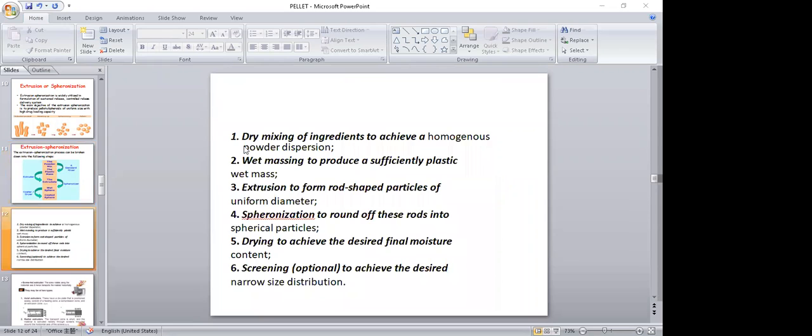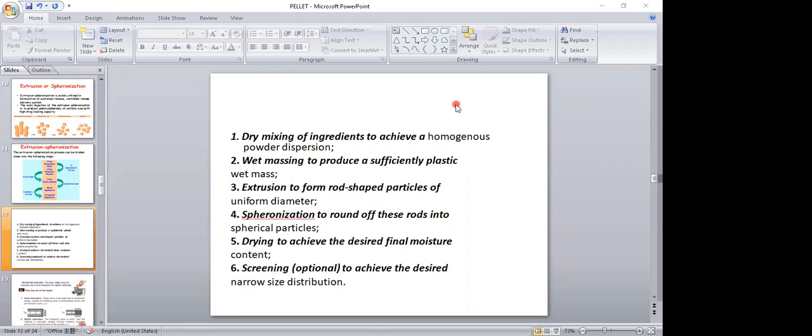So as I said, in the extrusion spheronization technique, the first step is dry mixing of ingredients, then wet massing, extrusion to get the extrudate, then spheronization to round off those extrudates which are in rod shape, and then finally by spheronization you will get the spherical pellets that will go for drying and screening to get a uniform size distribution of pellets.